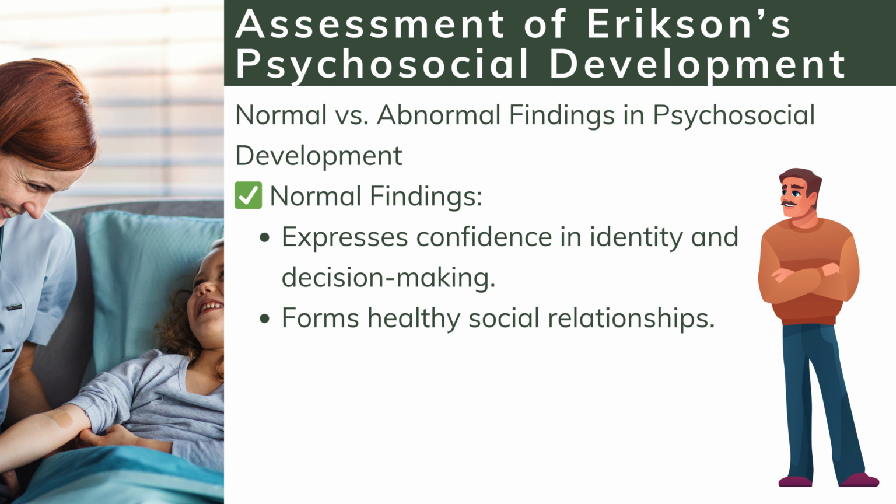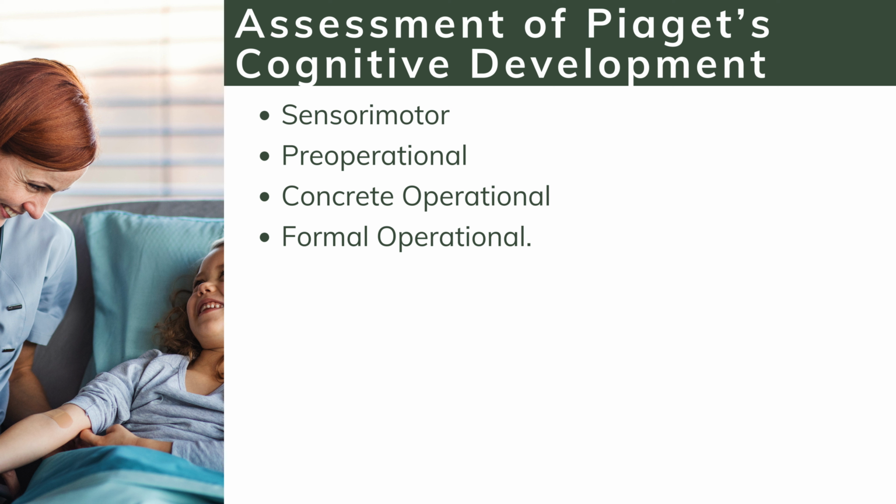Piaget's theory focuses on how individuals understand and process information across 4 developmental stages: sensorimotor, pre-operational, concrete operational, and formal operational. Focus areas for birth to 2 years old, or the sensorimotor stage, are object permanence and motor skills.